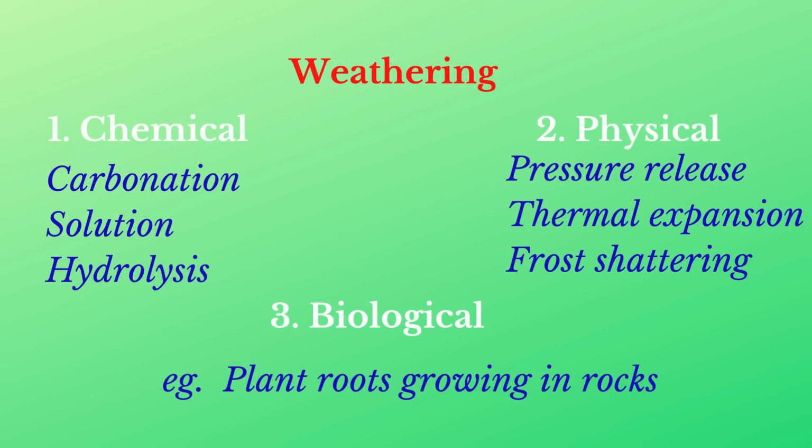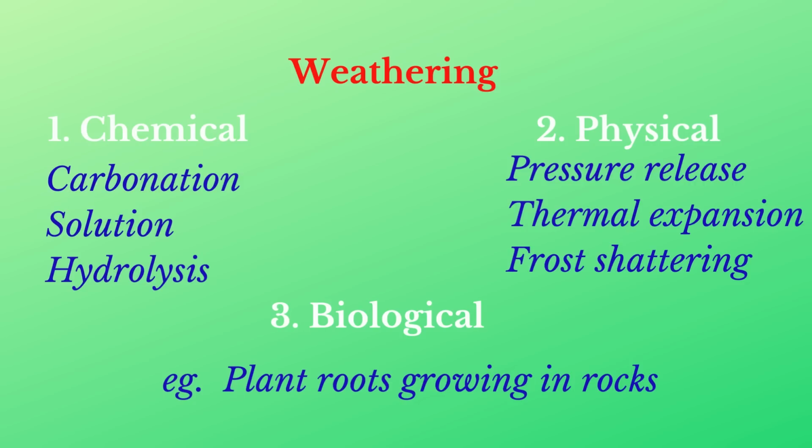So we can categorize weathering into three main categories. We can talk about chemical weathering, physical weathering, and biological weathering. Chemical weathering includes carbonation, solution, and hydrolysis, and it involves changes in the composition of the rocks. Physical weathering does not involve any change in the composition of the rock.